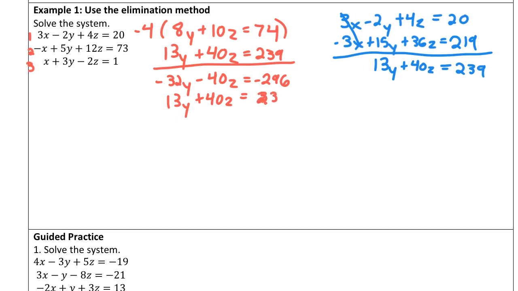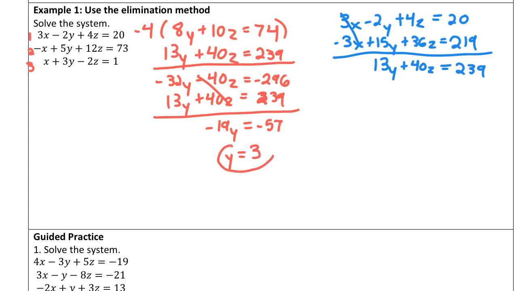It's equal to 239. And then we see the z's cancel. This becomes negative 19y equals negative 296 plus 239 becomes negative 57. If I divide that by negative 19, I get y is positive 3.